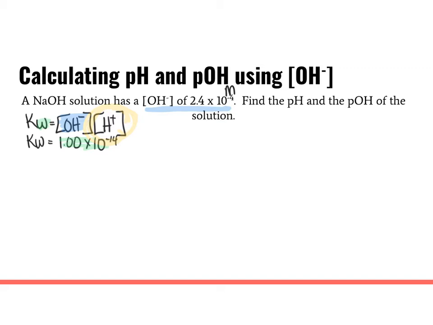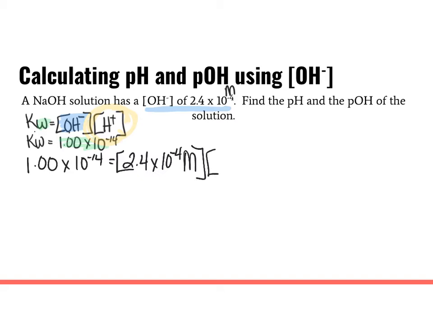So let's start by writing out what we would want to. Okay, so we know that we have Kw and we have OH. So I'm going to start by writing this out as 1.00 times 10 to the negative 14th is equal to our concentration of OH minus. So we have 2.4 times 10 to the negative 4th molar multiplied by H plus.